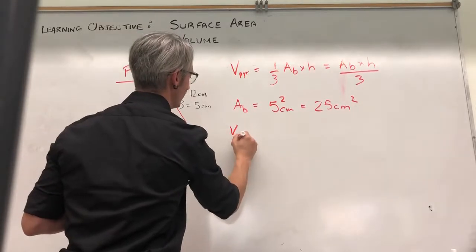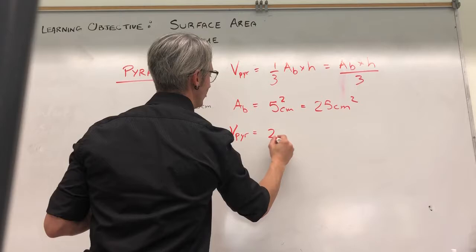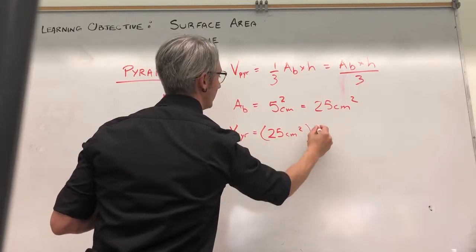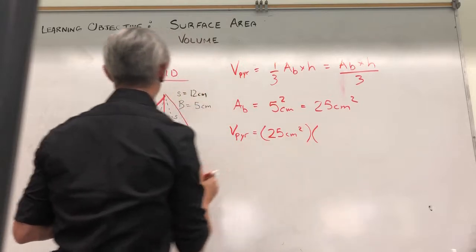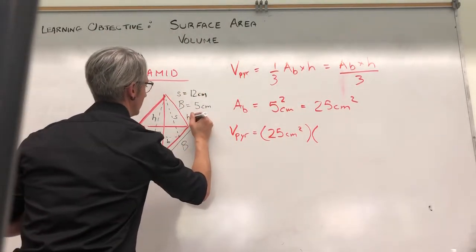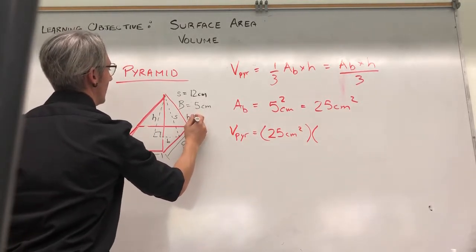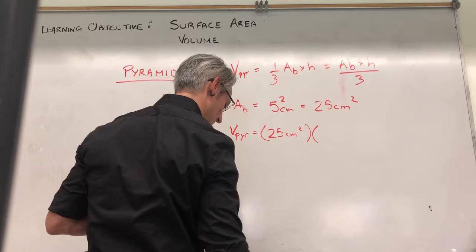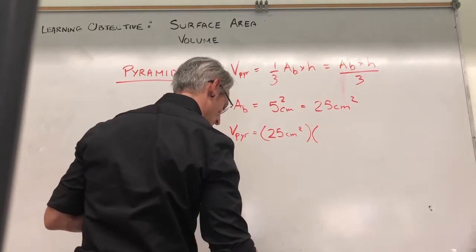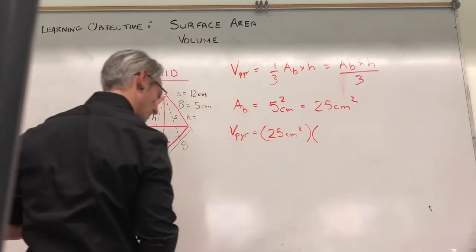So volume of the pyramid is 25 centimeters squared times, let's say the height is 10.91.